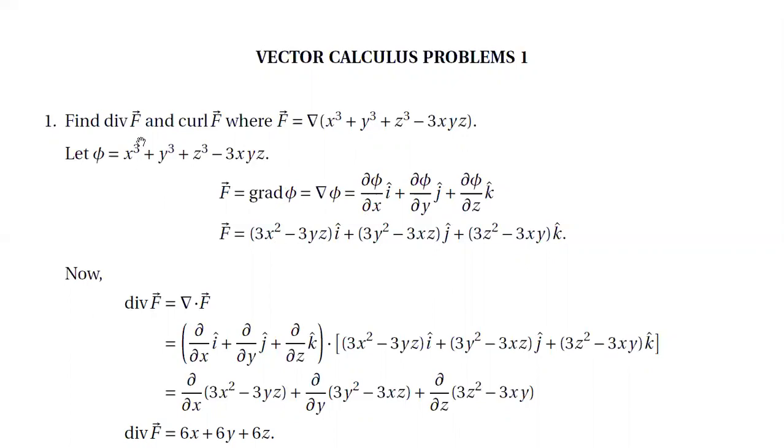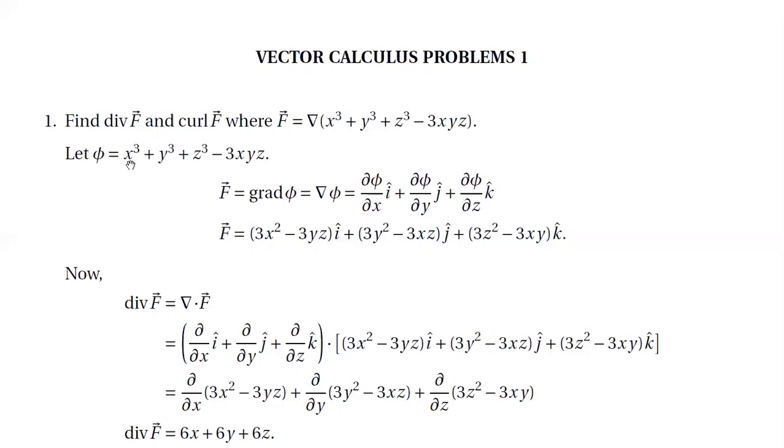When you do that, you get x cube differentiation as 3x square. These two terms differentiation will be 0. And the last term, if you differentiate with respect to x, you get minus 3yz. So the first term, dou phi by dou x i, will be (3x square minus 3yz) i plus dou phi by dou y j. So partially differentiate phi with respect to y.